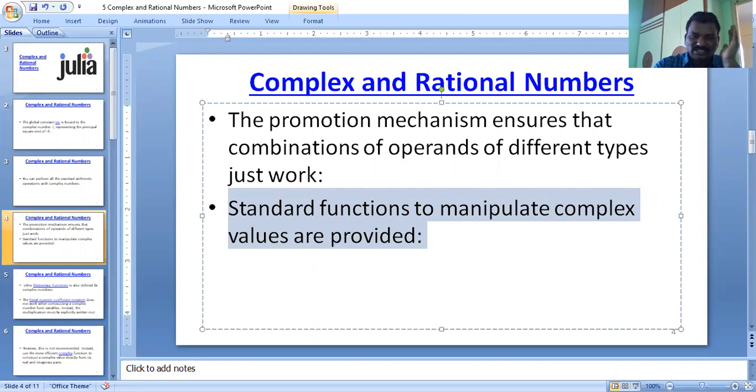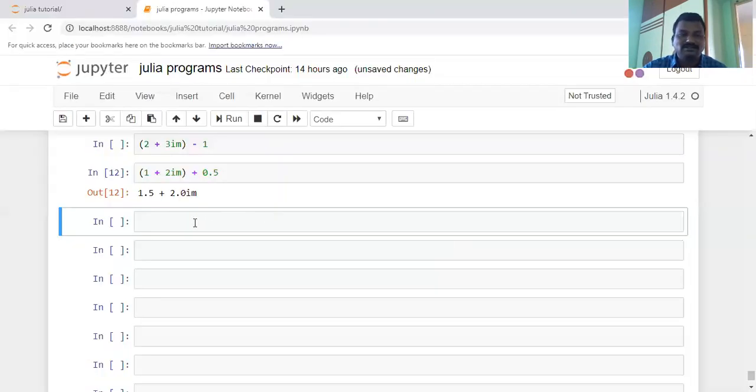The imag function displays the imaginary value. Then the conjugate function gives the complex conjugate value. And then some of the functions, absolute value and angle value. These are all different standard functions performing the imaginary operation. Let us take a simple example.